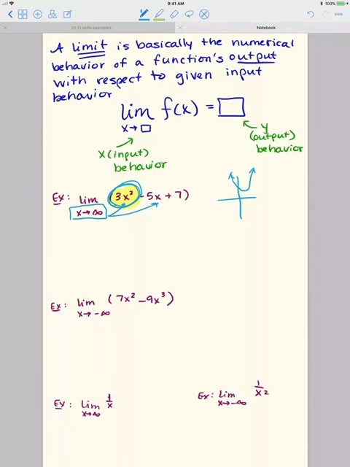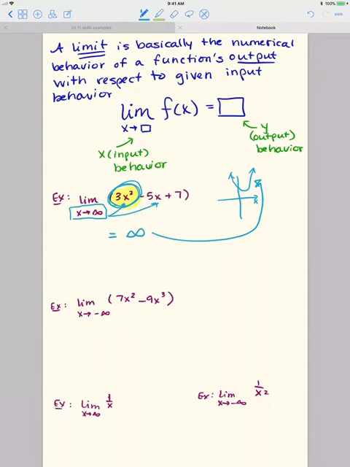So we say the limit as x approaches infinity for this polynomial actually equals positive infinity. And you can see on the graph, as the x values get larger and larger, the graph just shoots off up in the direction of y for infinity.